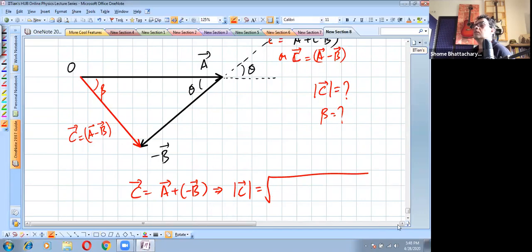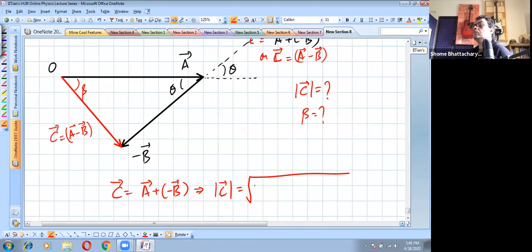So it is square root of mod A squared plus mod of minus B squared, plus 2 times mod A into mod of minus B into cos of which angle?